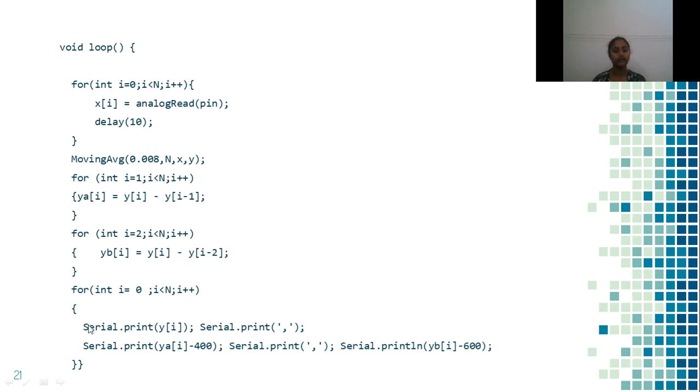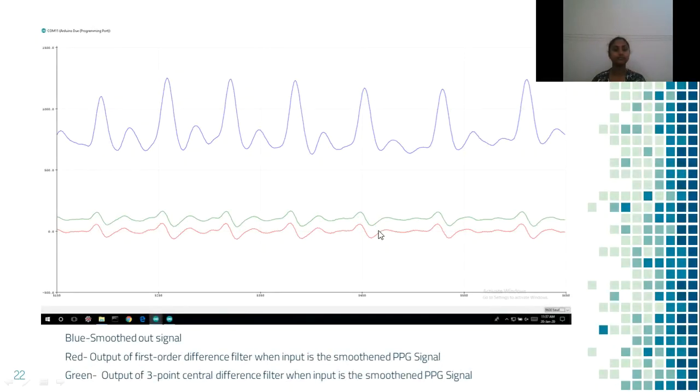This is the moving average one, this is the first order, and this is the second order. If you see, it's not second order, it's the 3-point central difference, which is much better at specifying the high slope regions.